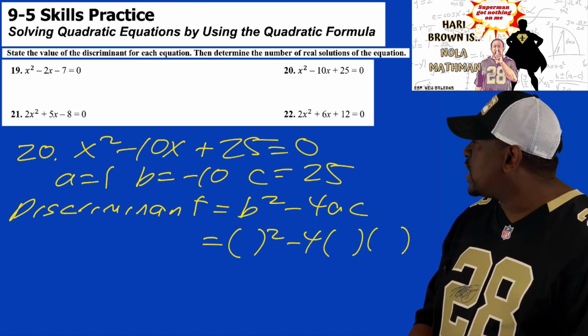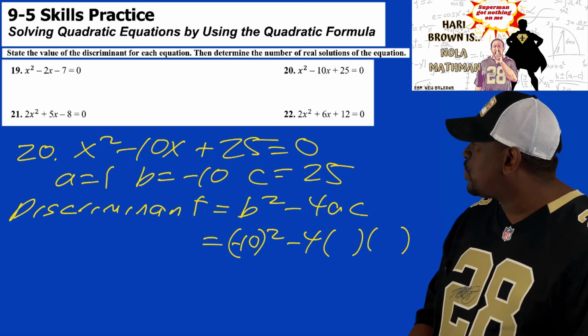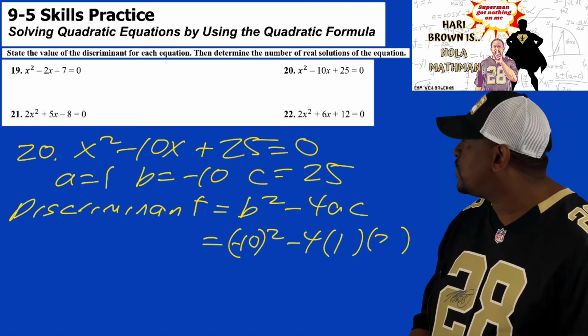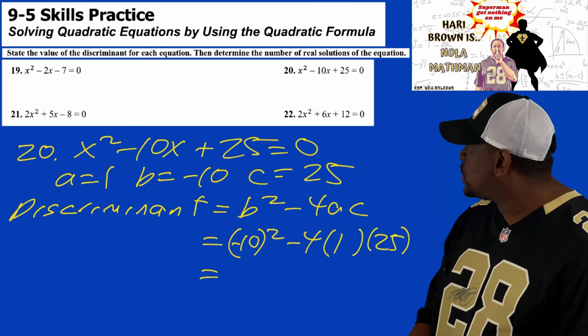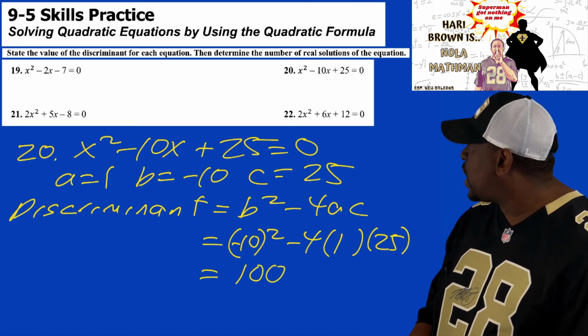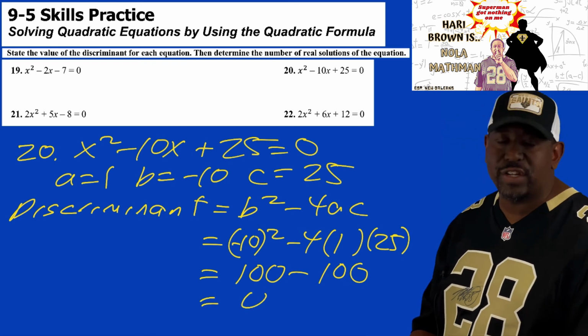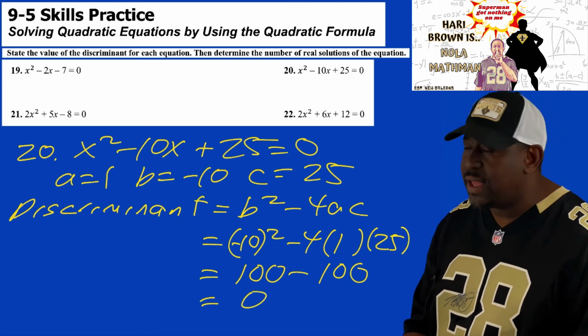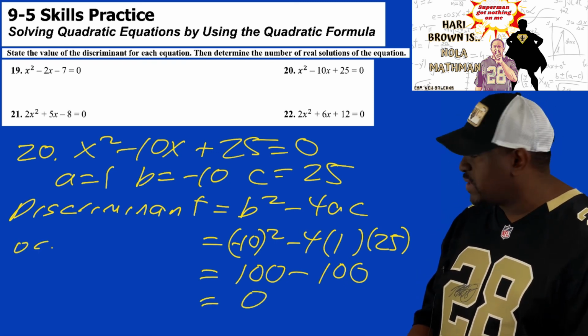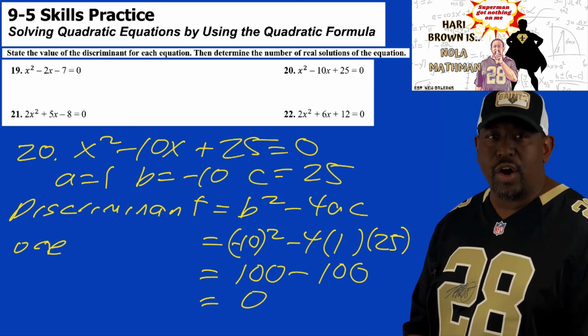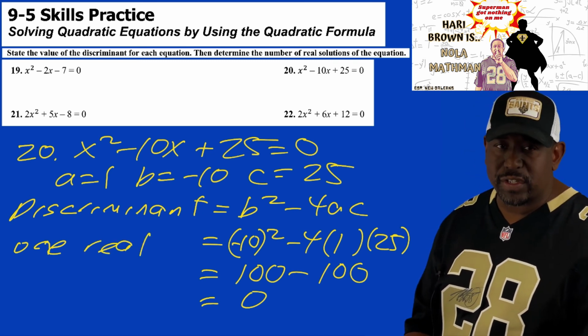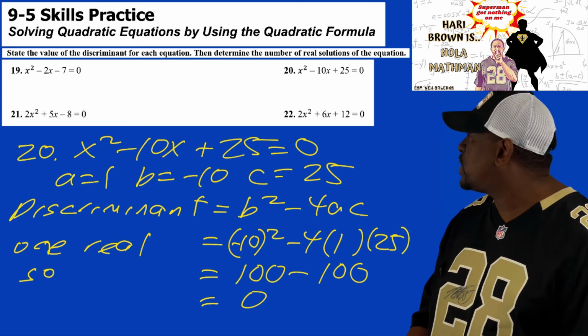We write out little skeletal things for the places where we will substitute for the variables. And we will substitute negative 10 for b, 1 for a, 25 for c, and we'll get 100 minus 100, and that is equal to 0. And since it's equal to 0, we know that we will have 1 real solution since the discriminant is 0.